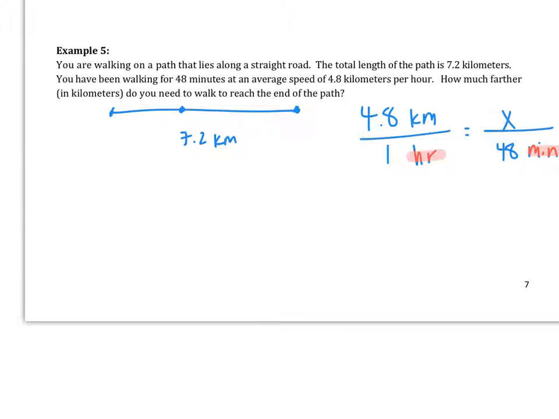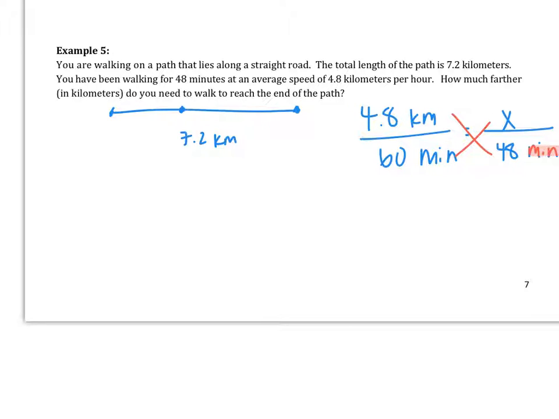So I'm going to change this 1 hour into 60 minutes. That's going to make our life a little bit easier because we have to have all our units match up. So now these two fractions are going to be equal, so we're going to be able to cross multiply.